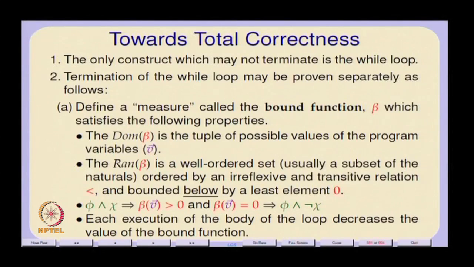Basically, you take any countable well ordered set, and that countable well ordered set can be placed in one-to-one correspondence with a subset of the naturals. Okay. That is why I am using this 0 here, that is a sort of typical element, it need not be 0.